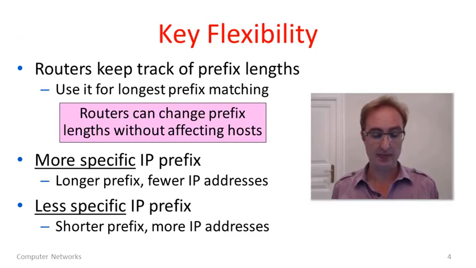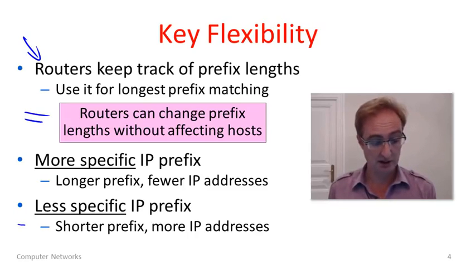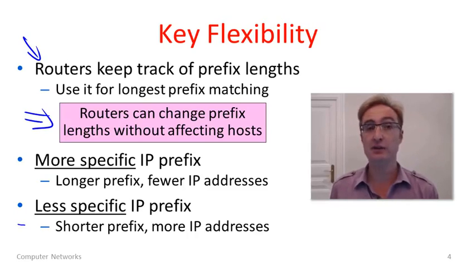Now, the key flexibility that we get from using prefixes is that it's routers that keep track of the length of different prefixes. They use it for the longest prefix matching algorithm to decide which way to forward traffic. Because it's routers that keep track of the length of prefixes, not hosts, routers can change the lengths of prefixes without affecting the hosts for the most part.